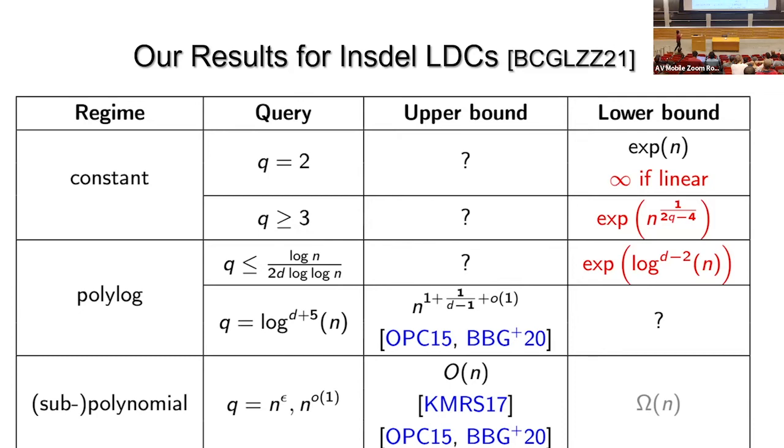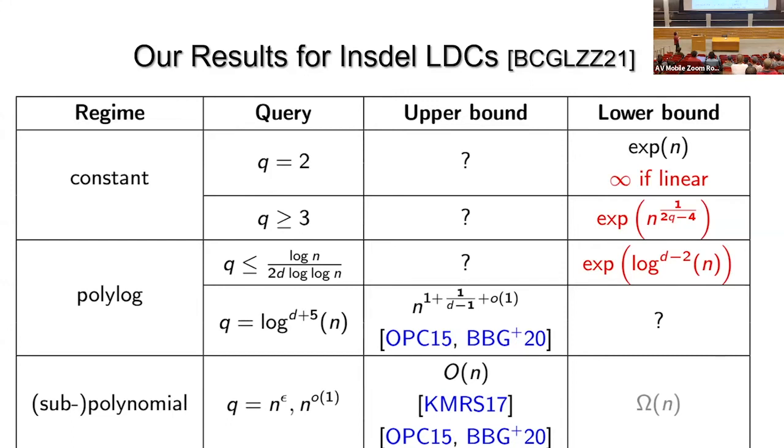As far as I know, pretty much all constructions of constant query LDCs are actually linear codes, but there are no two query linear codes in the INSDEL model. And then we have some exponential lower bounds for Q greater than or equal to 3.